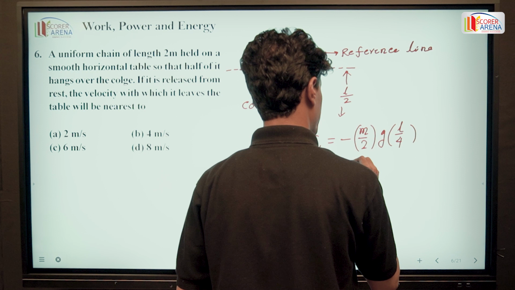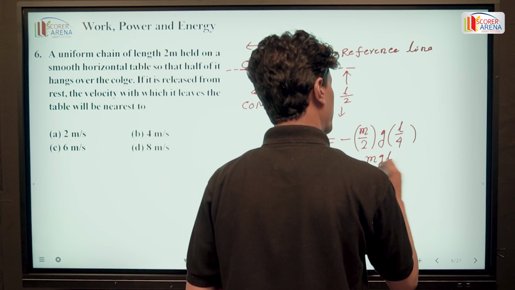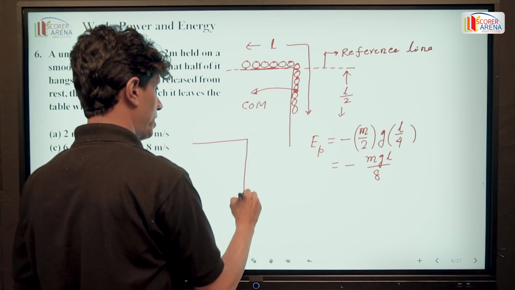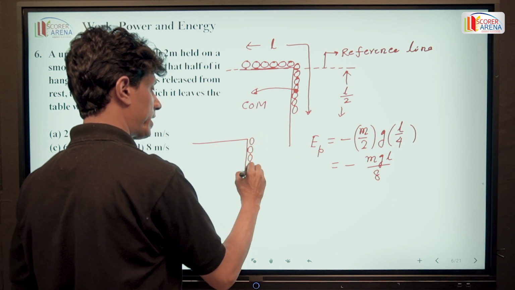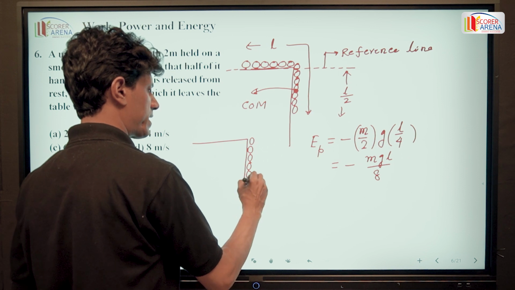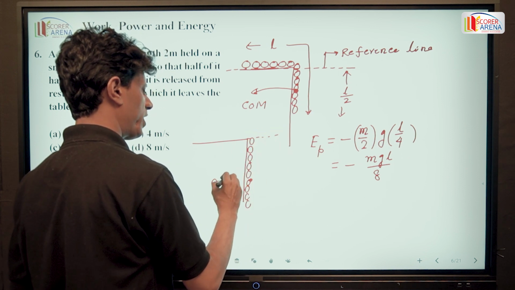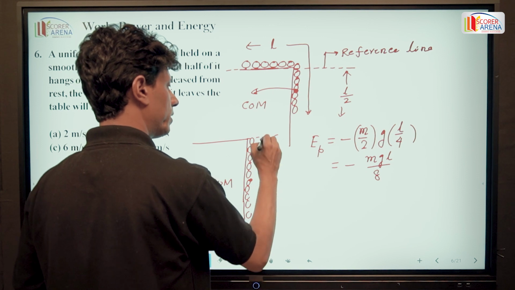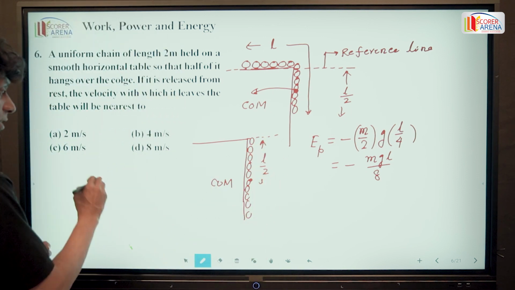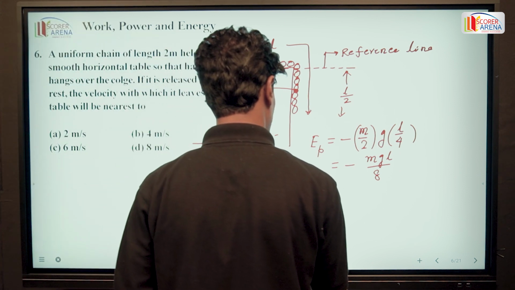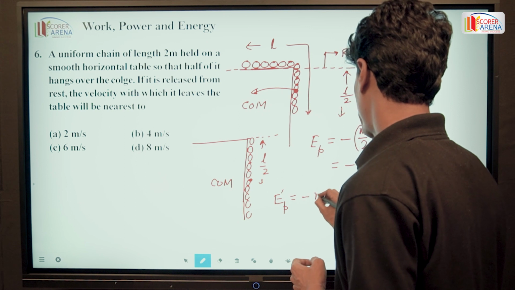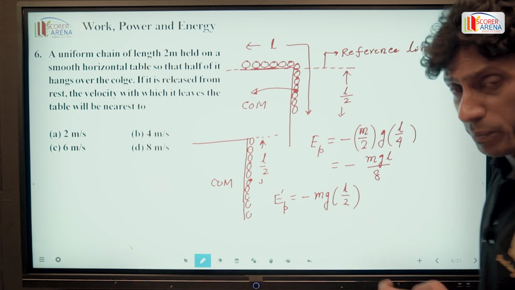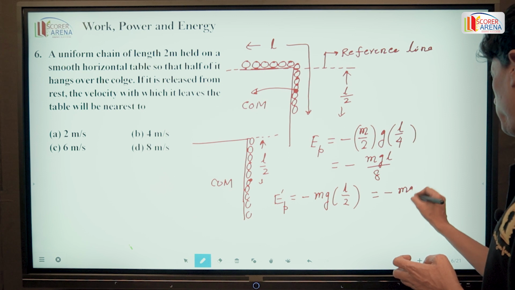So therefore this is mgL by 8. And when the total chain just leaves the table, the center of mass of the chain lies below the reference line at L by 2, and the potential energy for this case is equal to, with respect to the reference line, mg, and the center of mass lies at a distance L by 2, so therefore mgL by 2.